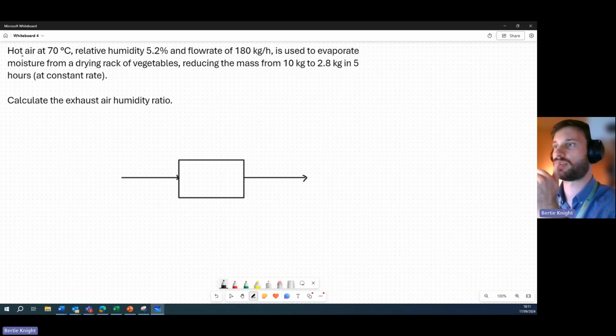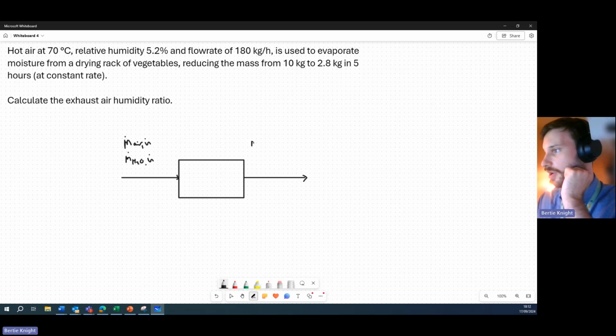It says hot air at 70 degrees C with relative humidity of 5.2%. That means that a portion of that hot air we can consider air, and a portion of it we can consider water. So let's describe this by saying we've got M air going in, and M H2O going in.